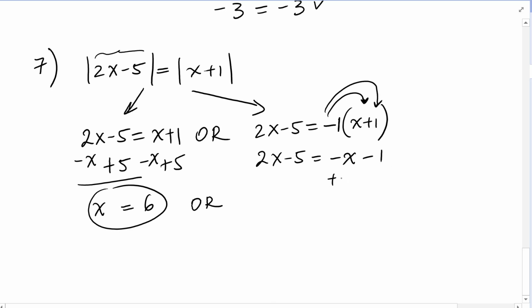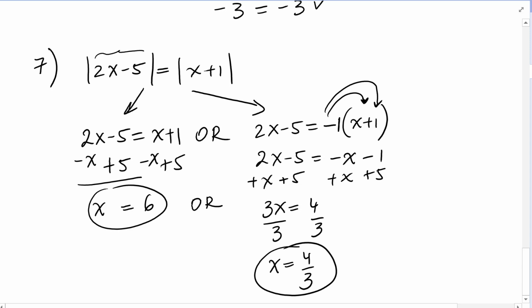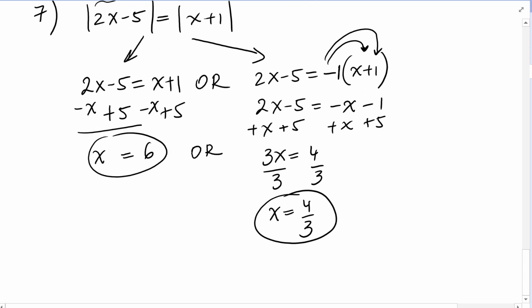So add x to both sides and add 5 to both sides, and we get 3x equals 4. Divide by 3 and get x equals 4 over 3. So we got two solutions, x equals 6 or x equals 4 over 3. If you replace any of them in the initial equation, you are going to get true statements.